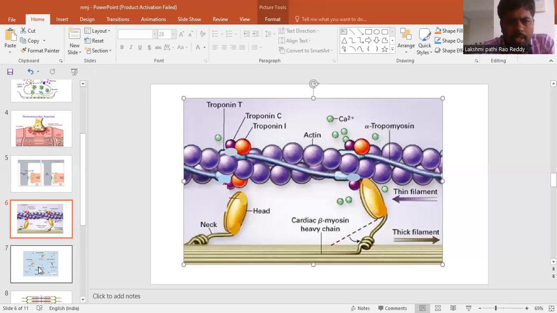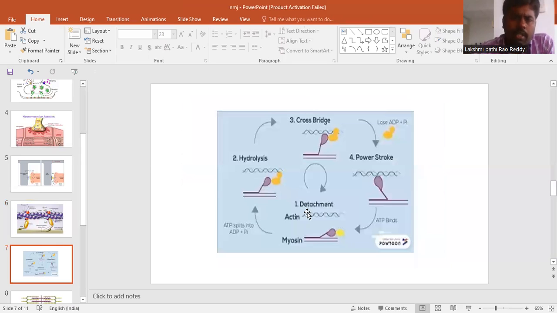So in this picture, you can see clearly, in the first point, the myosin heads are free from the actin filaments. It is not attached to the active sites. Then ATP splits into ADP plus Pi, inorganic phosphate.